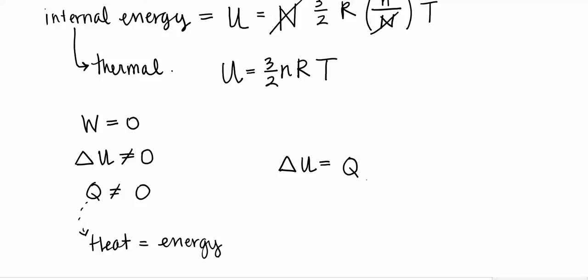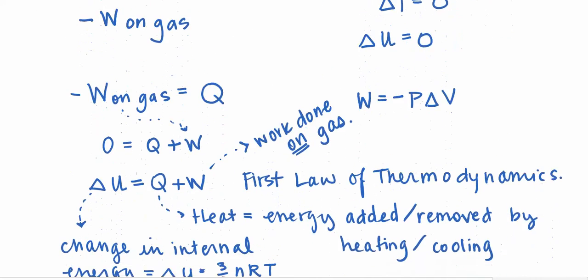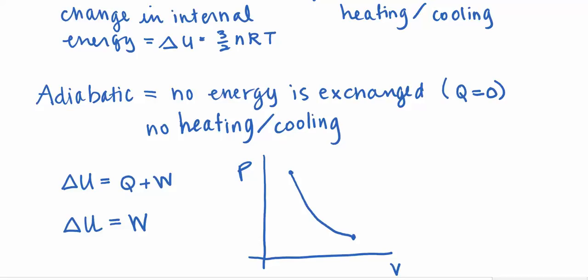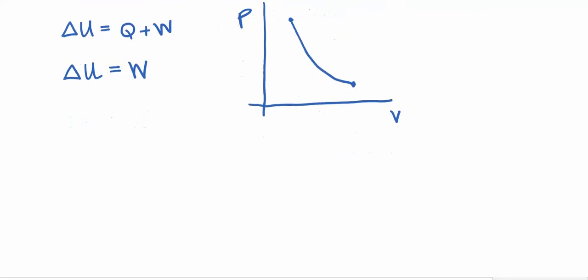So in this case, the energy we add, the heat, or the cool, causes the temperature to change. But that's not the only thing that can cause temperature to change. By doing work on the gas, we can cause the temperature to change. It's a lot of stuff to think about, but we're going to practice and see what we can do with them.